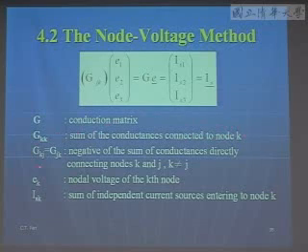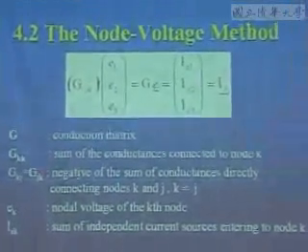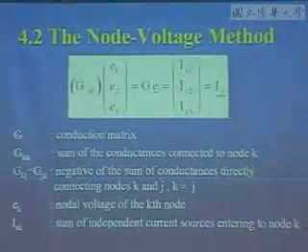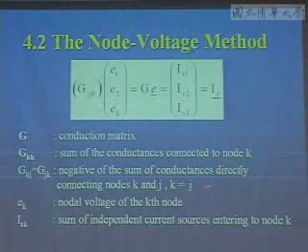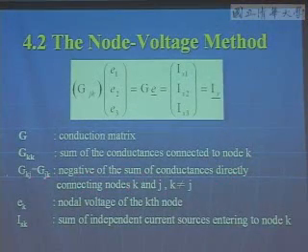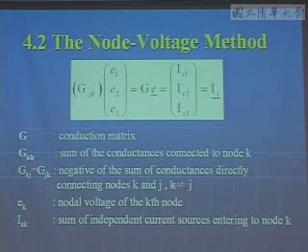For the off-diagonal terms, they are with a minus sign; in fact, the negative of the sum of conductances directly connecting nodes K and J, with K not equal to J. And the right-hand side here is in fact the sum of the independent current sources entering the node.